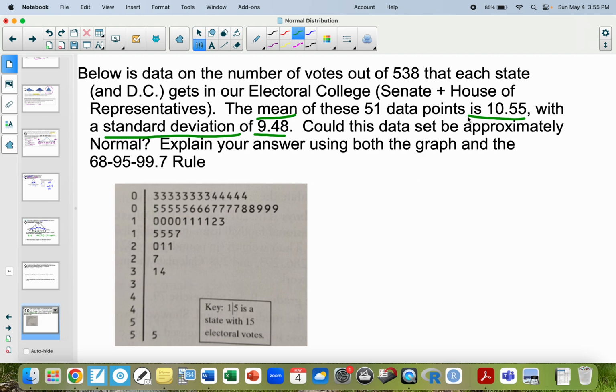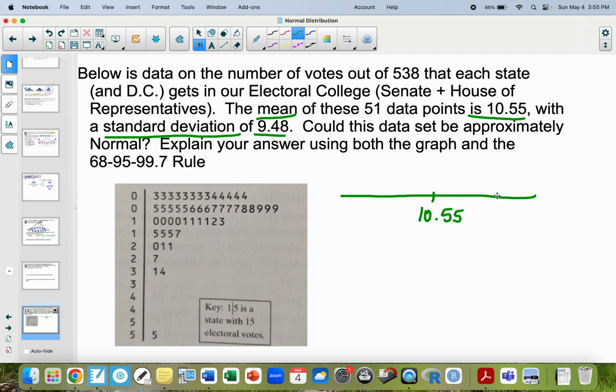So if I know our mean, and I'm not even going to draw a full curve, I'm just going to draw my line to help us visualize this. So if my mean is at 10.55, and we know one standard deviation away is 9.48.